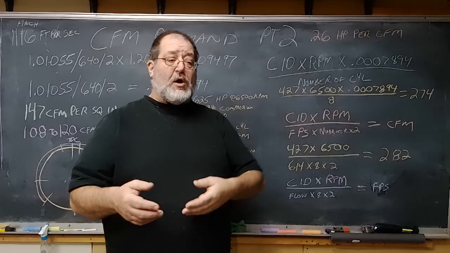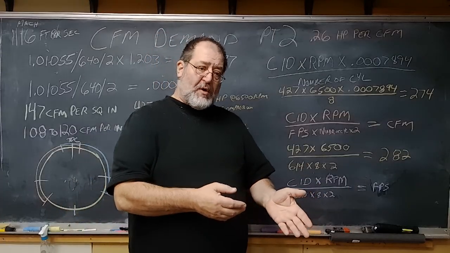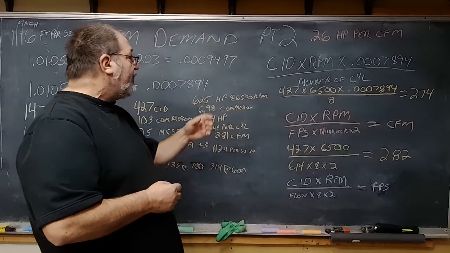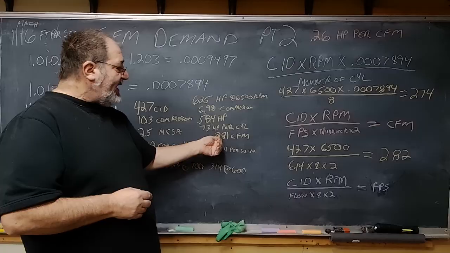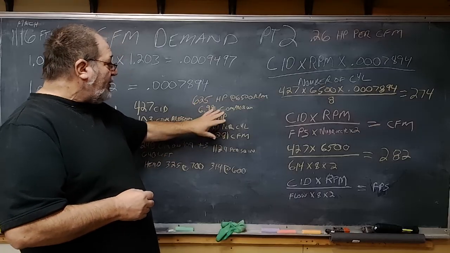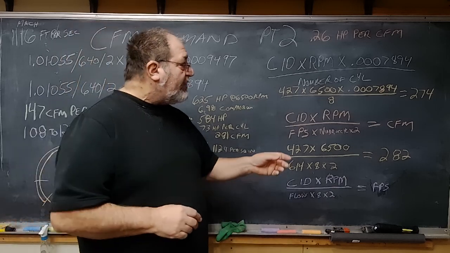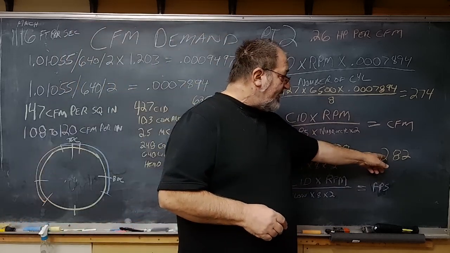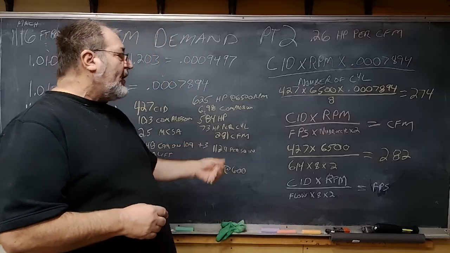What they were trying to show is what you see on the bench will equate to real horsepower in the motor. And if we use that number, what we come out with is 281 CFM that we used to generate the power this motor made. Now, if you look over here, my number is 282. That's pretty close to 281.